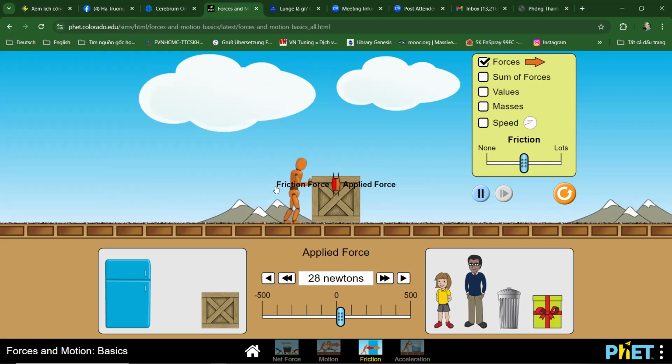Now I push on that, it's still at rest, and then I push. You can see the value of the force here, 76 Newton now, right? And then I increase that, and then it starts to move.